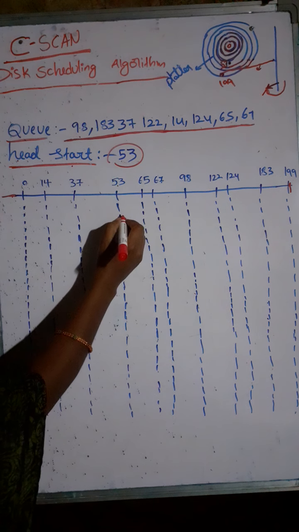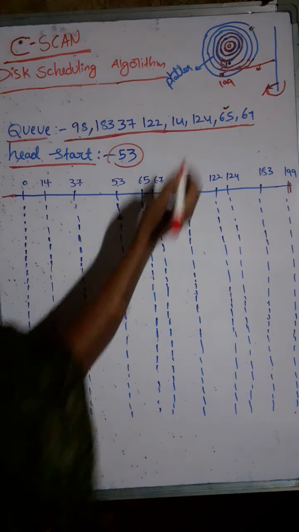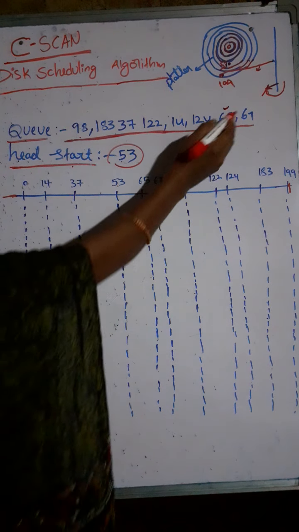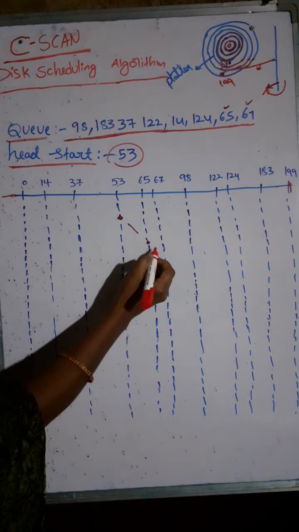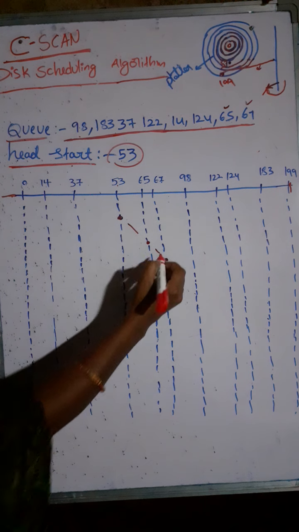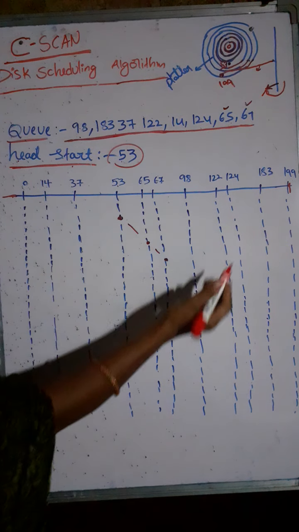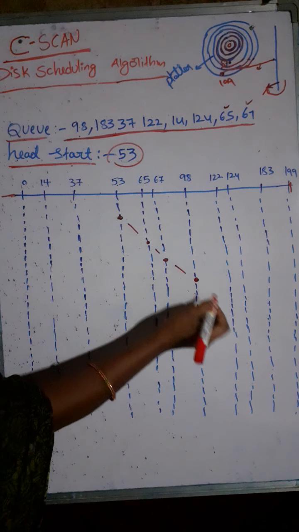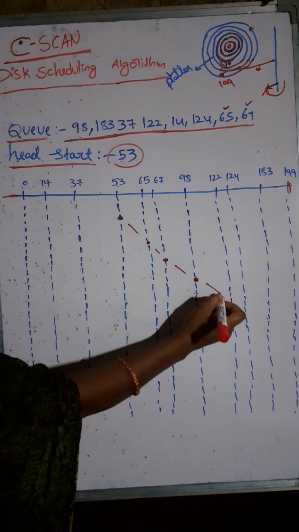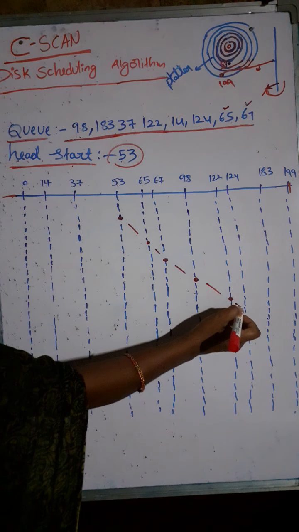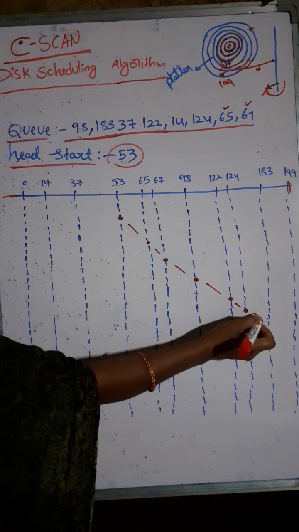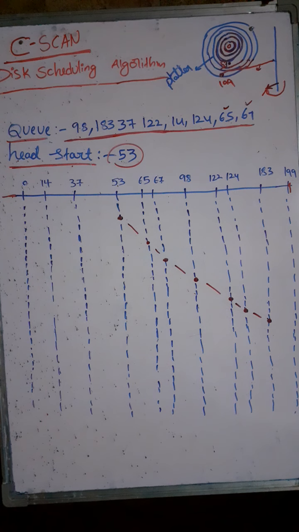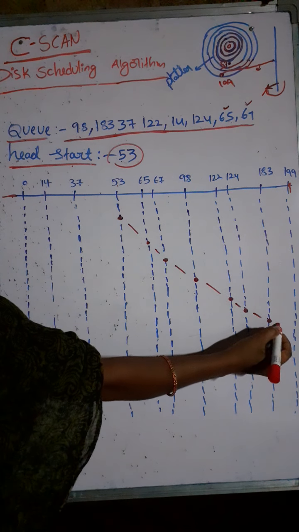There is a request for 65, so it will move in this direction, then 67, then 98, then 122, then 124, and then it will reach 183. After that there are no requests, but it will still reach the end.